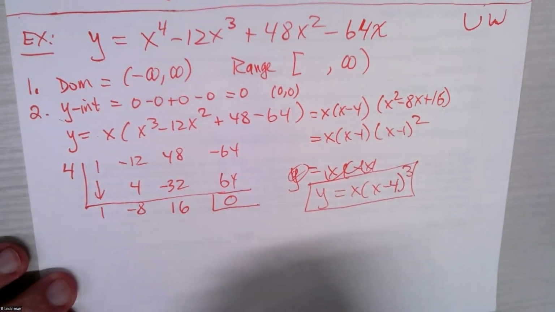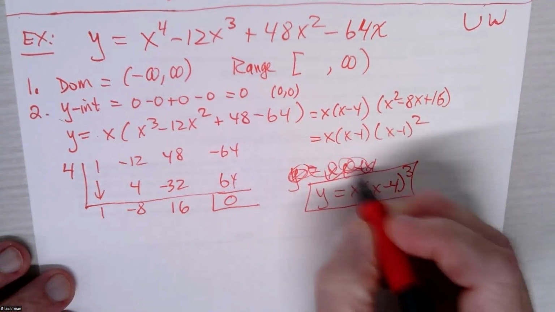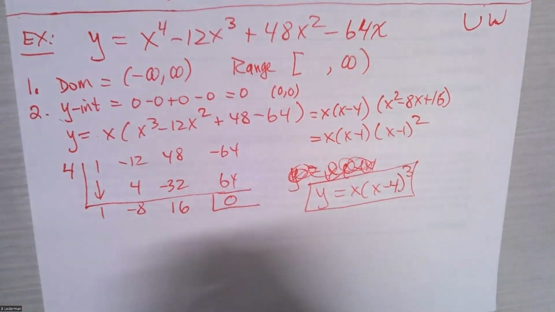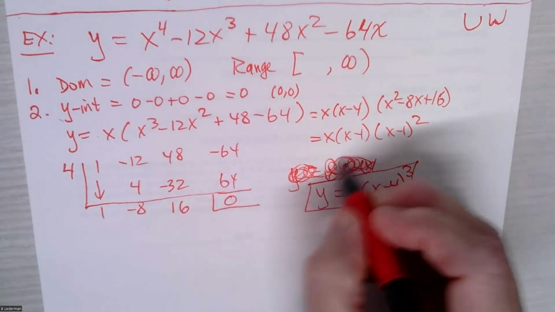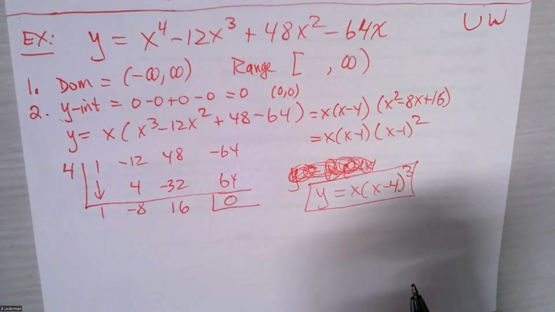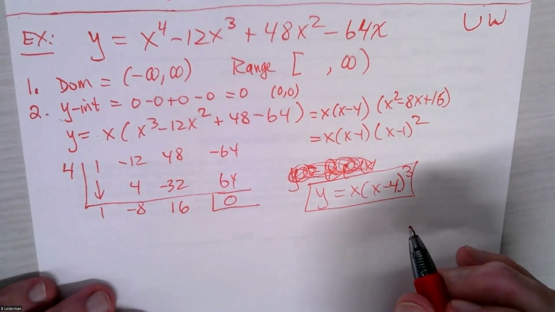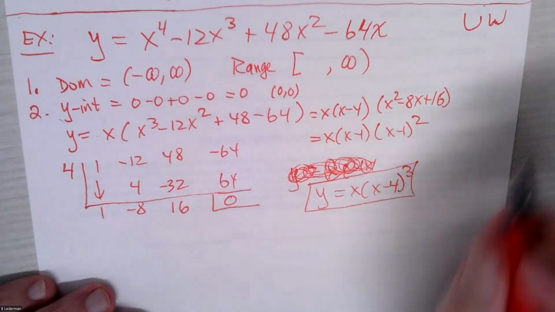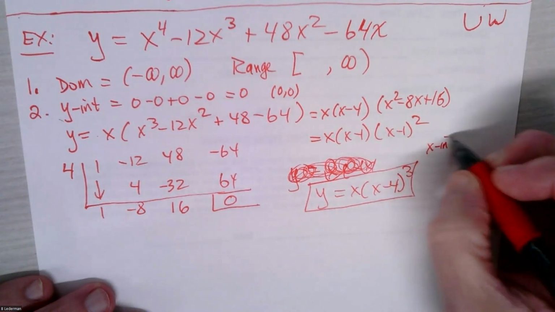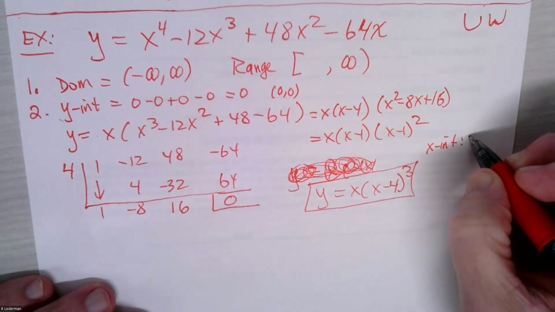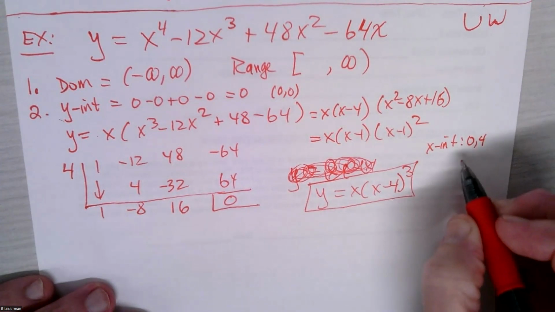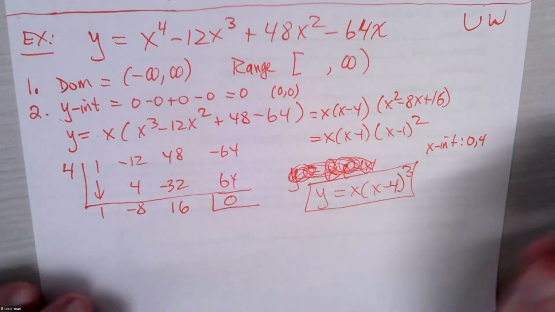Equation for y. And let's say that means that my x-intercepts are going to be 0 and 4, and they're both going to go through, since both have odd exponents.